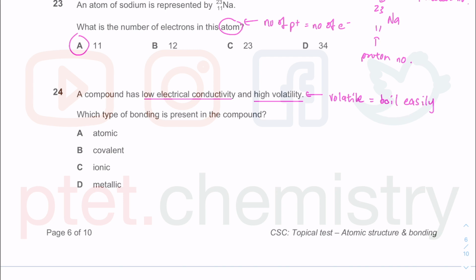So high volatility means easy to boil. Easy to boil means low boiling point. Okay, low boiling point means covalent. Alright, so end of story there.